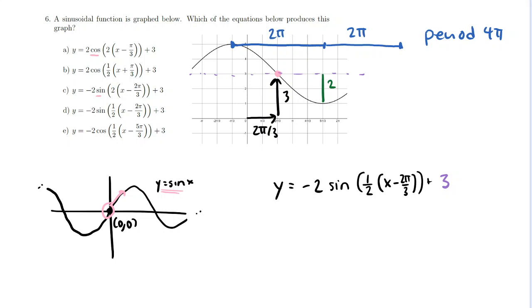Whenever you make these horizontal changes to your graph, the opposite of what you expect occurs in your equation. You subtract to go right, add to go left, multiply by some small number to stretch, multiply by some big number to compress. That's what happens with the inputs of our function when we do these transformations.